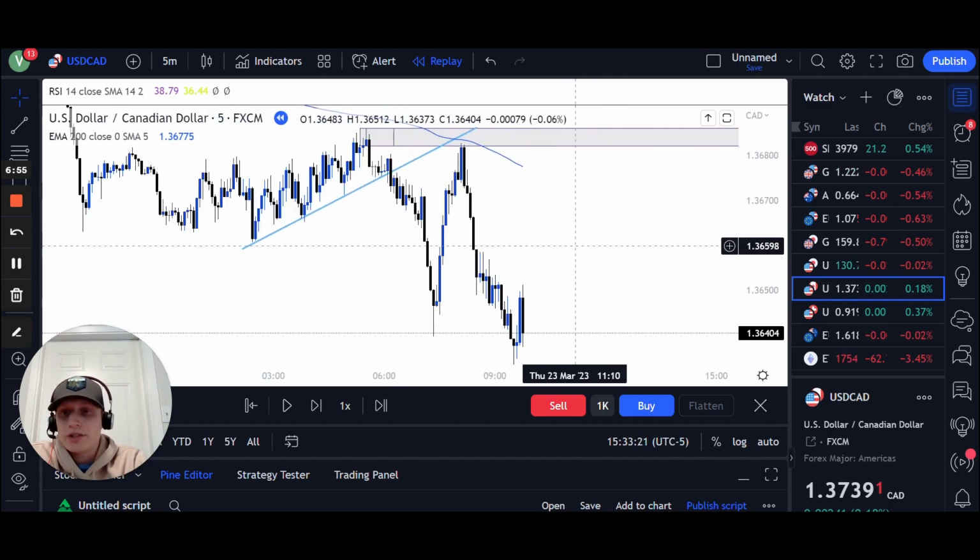But just wanted to show you guys my way of thinking when I'm taking these trades, looking at market structure. Market structure is like my number one confluence. You want to make sure that if you're taking a supply or demand, it makes sense with market structure. You can take counter trends and they sometimes will work out, but more times than not, if you just wait and be patient for the ones that are going with the trend, like this trade, then you'll have a much higher win rate.